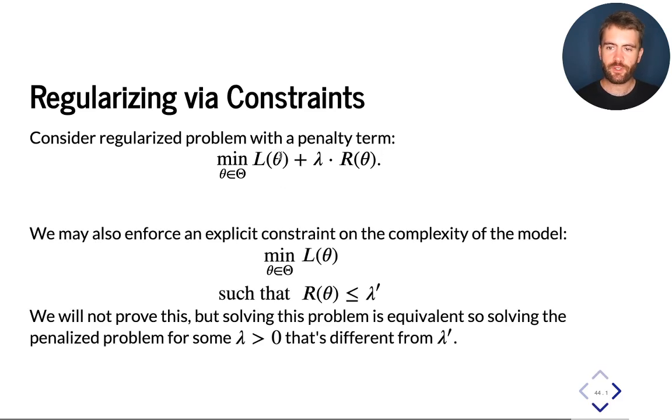Instead, a different approach that we can take is to define a constrained optimization problem. So here, in the second set of equations, I am optimizing the objective subject to the constraint that the complexity of the model, as measured by this term r, is not more than some value lambda prime.